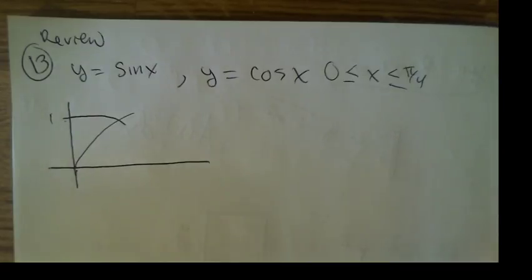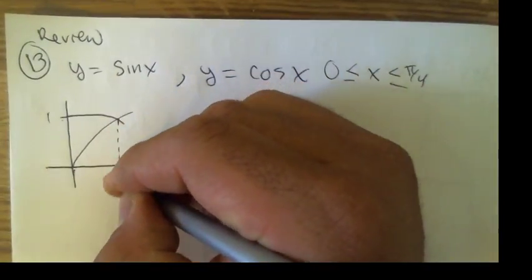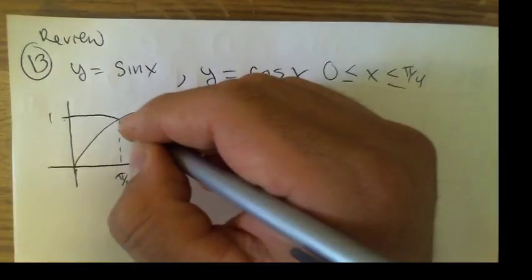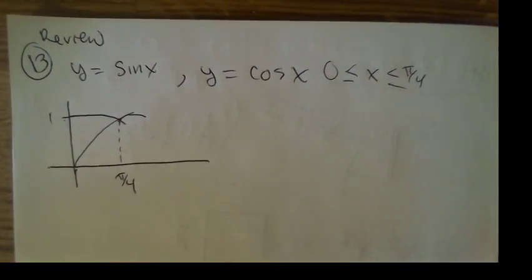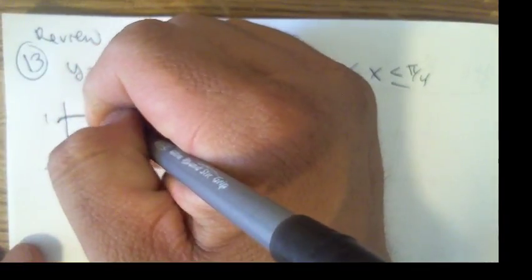Just more or less, a rough sketch, and then here is where they meet. And that's at pi over 4, right? That's when the sine and the cosine are equal to each other, and again, that's from my unit circle. That's not the best drawing, but you get the idea here.